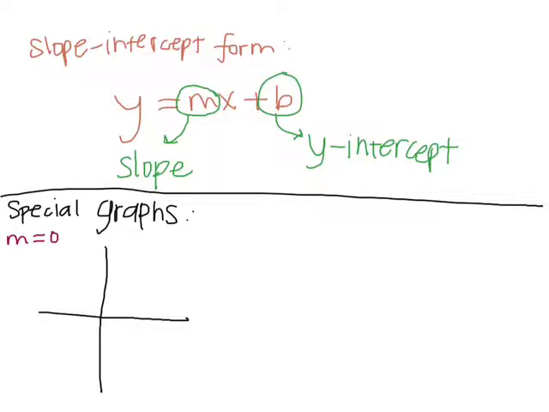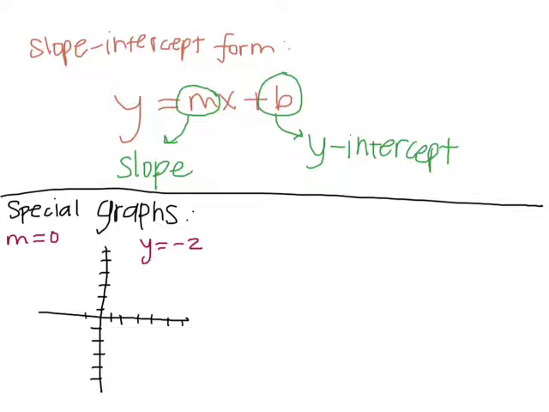And if I were to have the equation y equals -2, what that equation tells me is that all of my y values are going to equal -2. So I have this coordinate plane here.